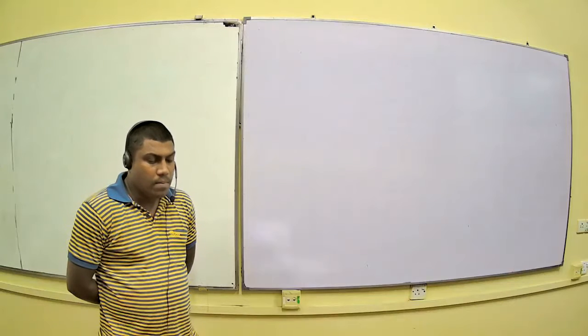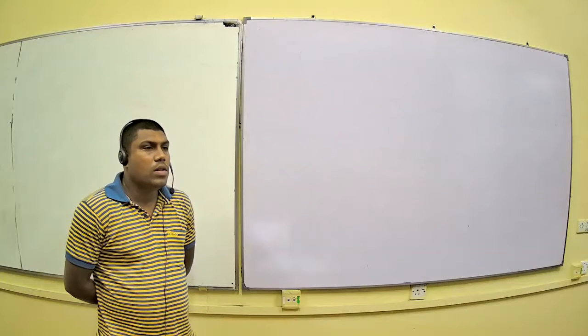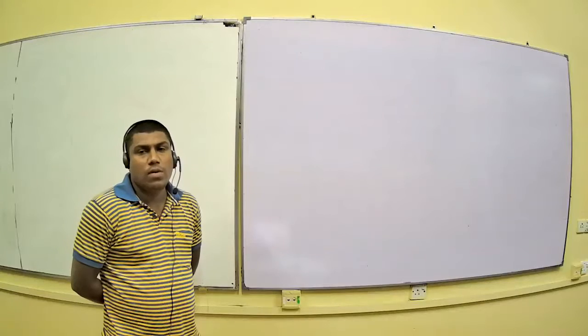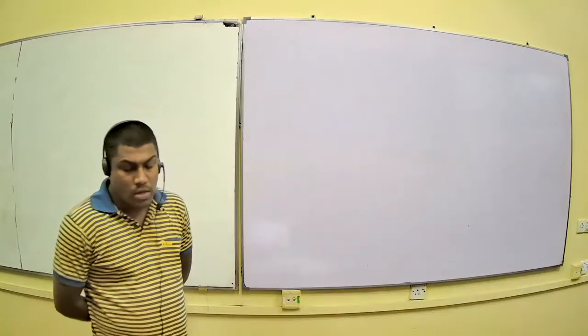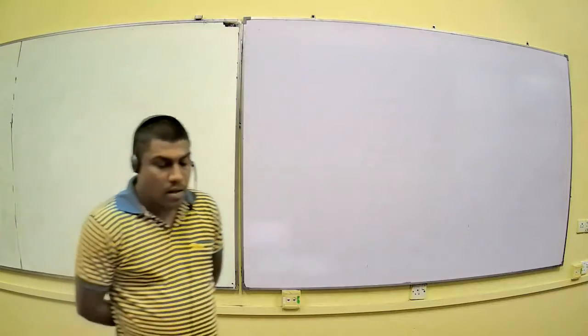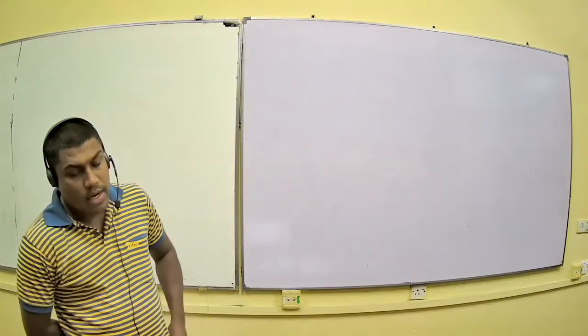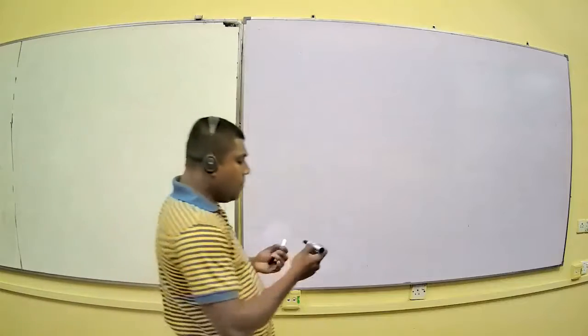And then I wrote down a theorem. Basically, it talks about the addition of two convergent sequences, the multiplication of two convergent sequences, and the division of two convergent sequences. So I will try to prove some of them.